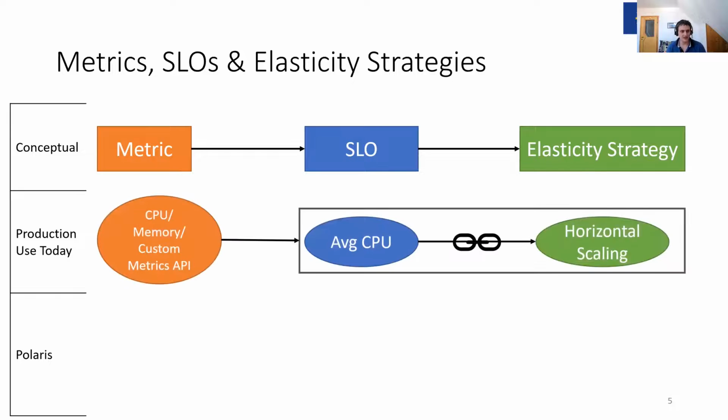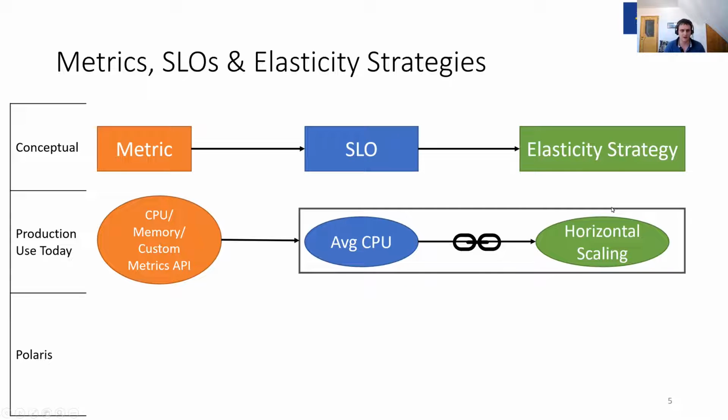What we commonly see in production use today is the scenario down here. This example is based on the Kubernetes horizontal pod autoscaler, which is the most commonly used autoscaler in the Kubernetes world. There we have a CPU or memory metric that goes into an average SLO. So in this case, average CPU, that's the most common one. And it is tightly coupled with a horizontal scaling strategy.